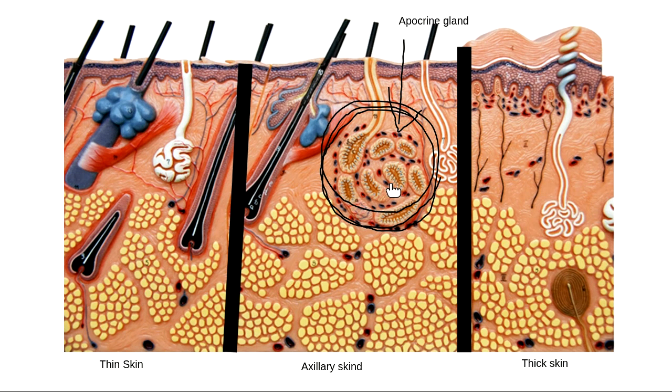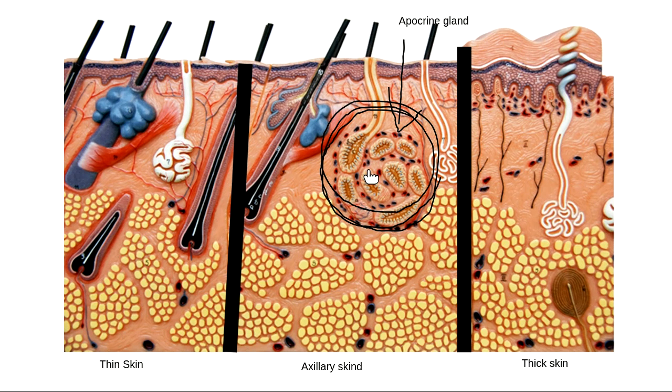This apocrine gland, I like to call these the body odor glands, the BO glands. Apocrine glands are only found in places like the axillary skin where they make sweat that smells bad. The way that works is you make some sweat that has some oil and some proteins in it.